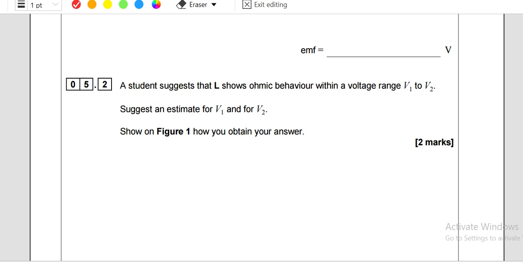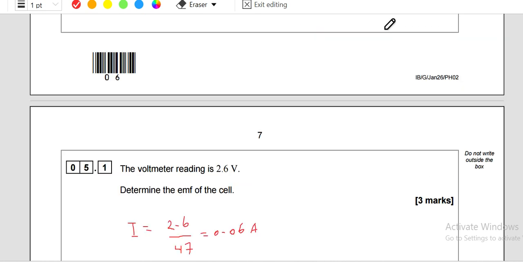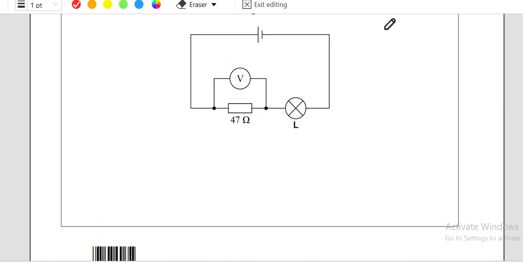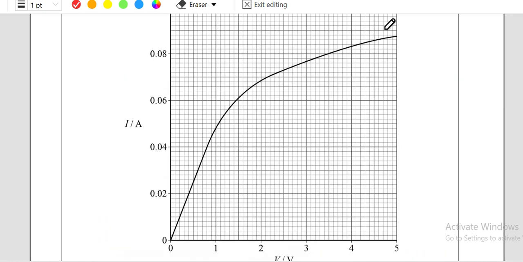So for ohmic behavior, we have a linear relationship between I and V. So we'll go to the graph and find the region of linear relationship, which certainly extends from 0.